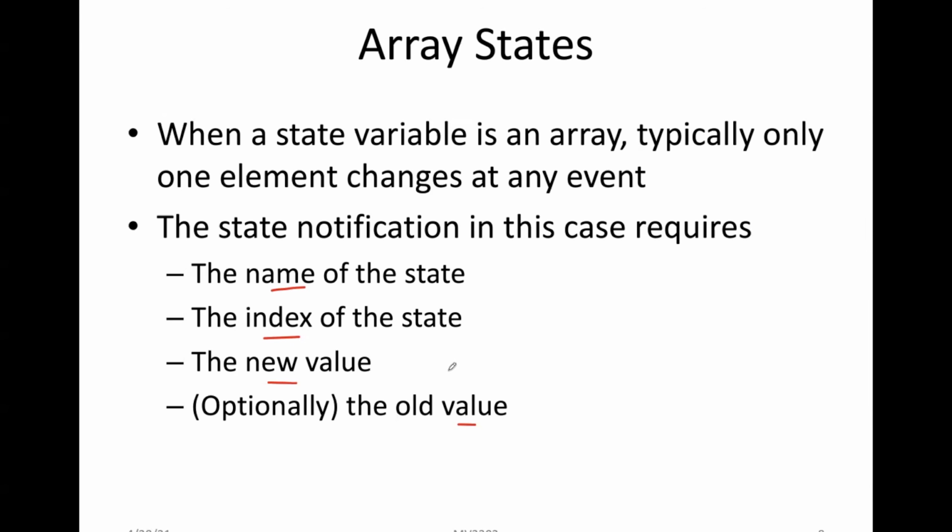And as we've seen with property change listeners, with firing property change events, there's a 2-argument version, which just has the name and the new value, and a 3-argument version that has the name, the old value, and the new value. Now, firing an index property change, we have a 3-argument type and a 4-argument type.